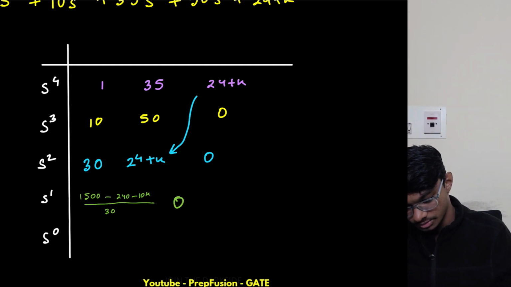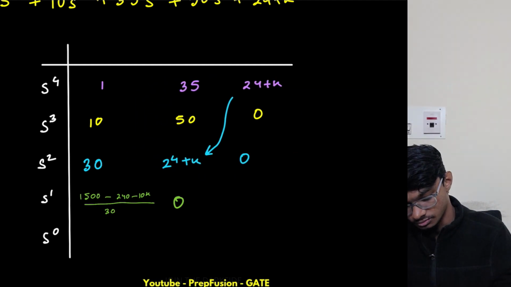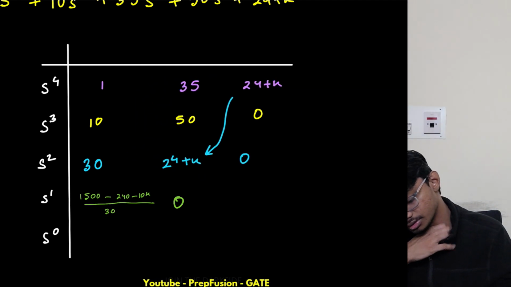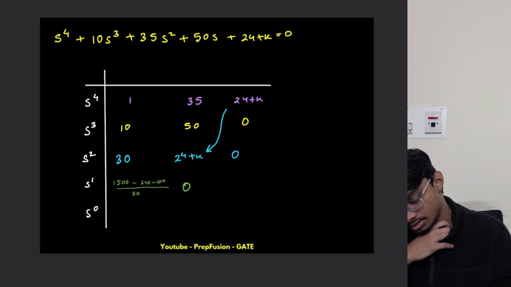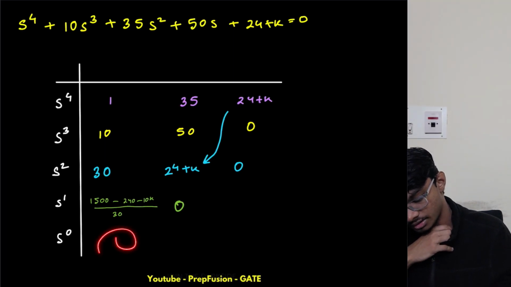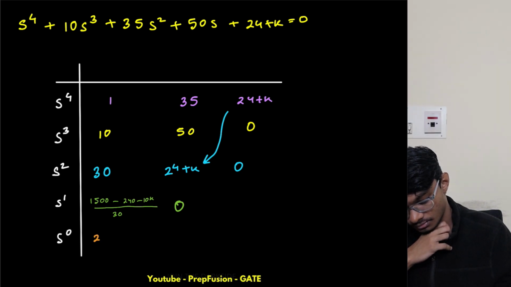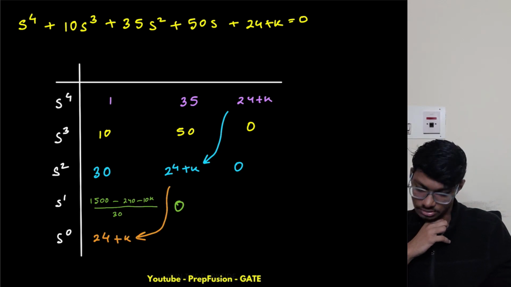I will shift this column to this side to accommodate this one. And this row will directly come over here, because I have a 0 over here: 24 plus k.